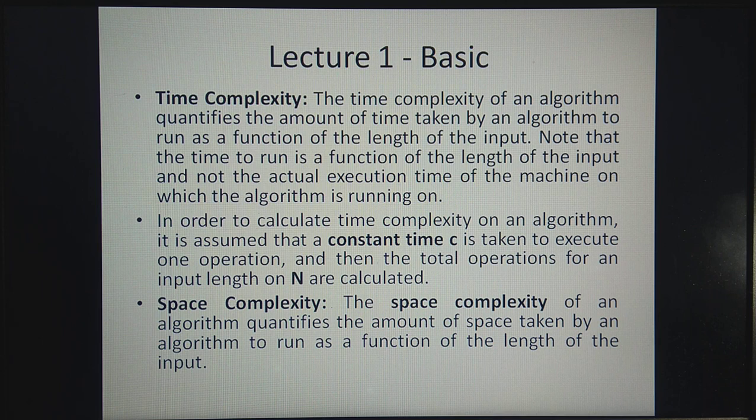Note that the time to run is a function of the length of the input and not an actual execution time of the machine on which the algorithm is running. In order to calculate time complexity of an algorithm, it is assumed that a constant time c is taken to execute one operation and then the total operations for an input length of n are calculated.